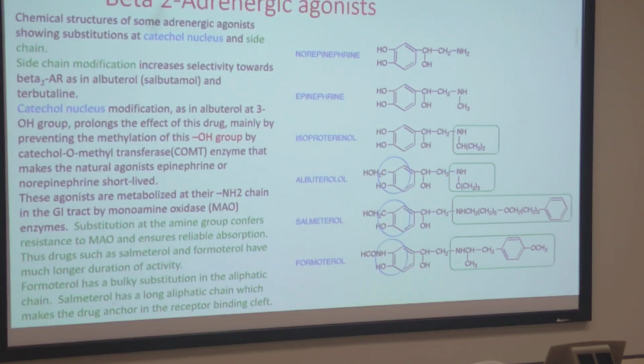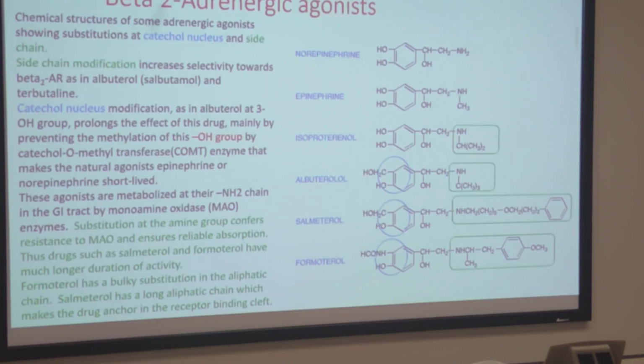So the decarboxylase removed the carboxylic group, and what remains is the hydroxylated primary amine, norepinephrine. That's a natural agonist for the beta-adrenergic receptors in vivo. And so is epinephrine.